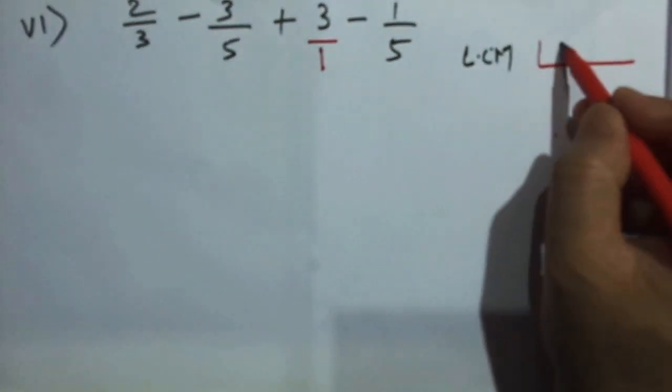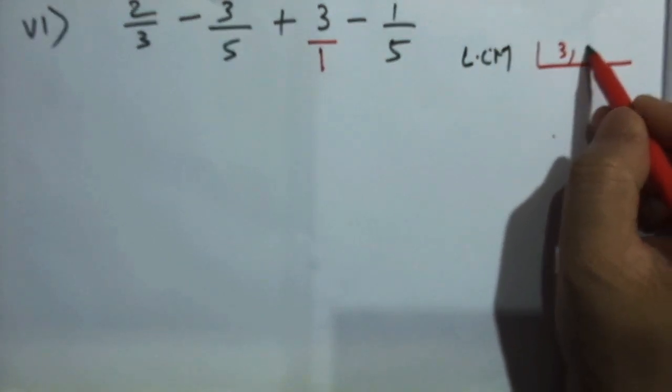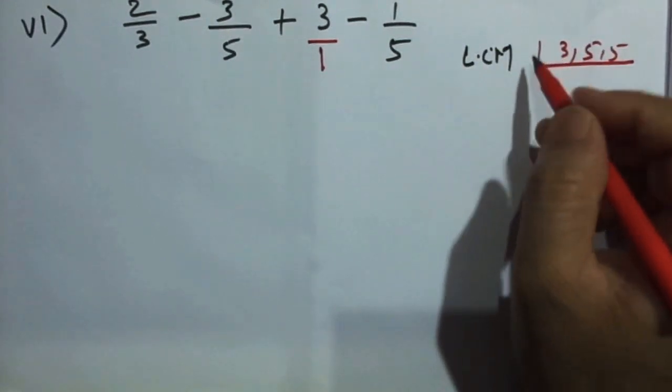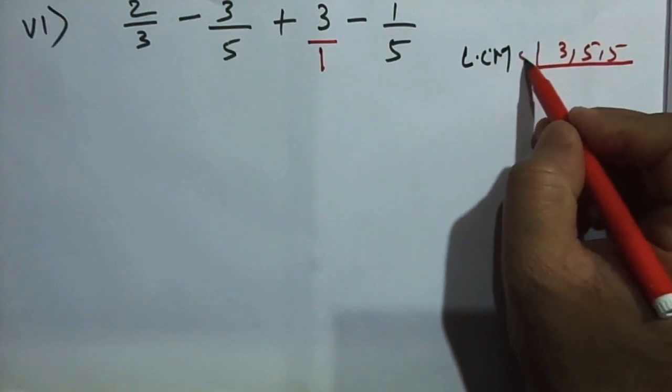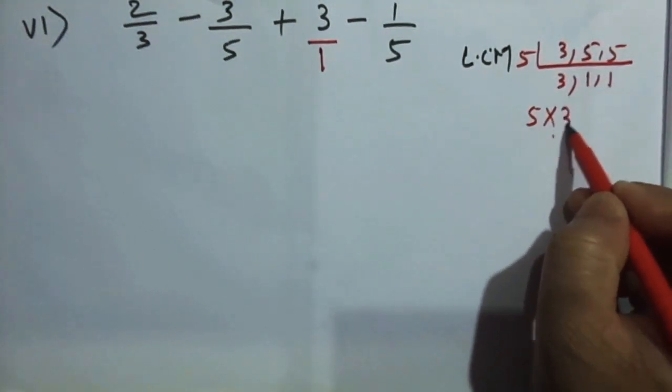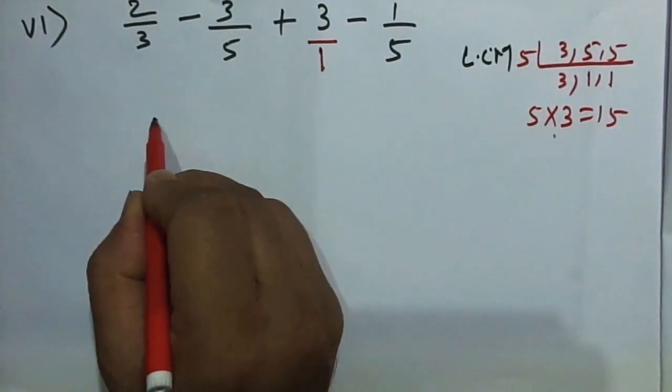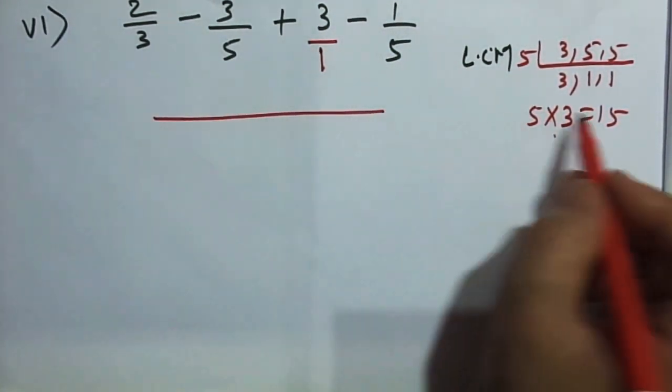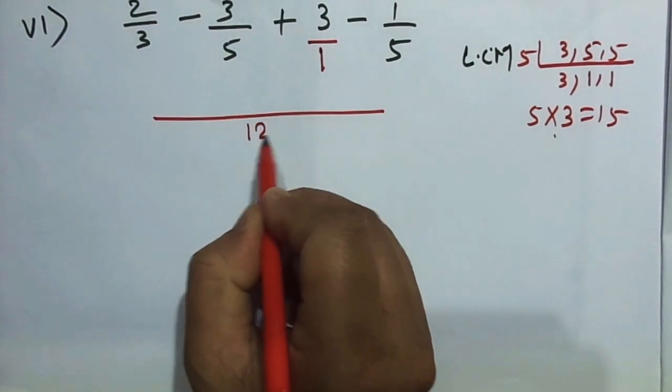So the LCM of 3, 5 and 5 will be how much? 5 1 times, 3, that is 5 3s are 15. As I said, the LCM will be written over here.